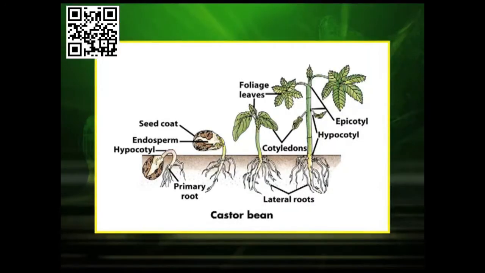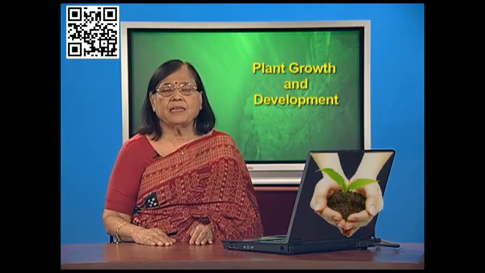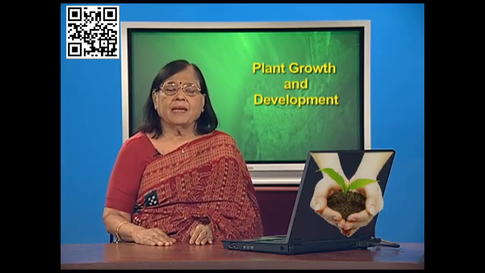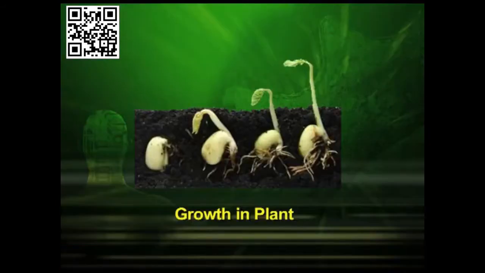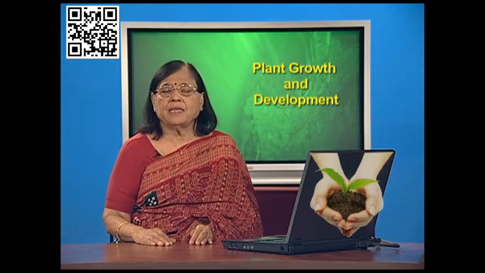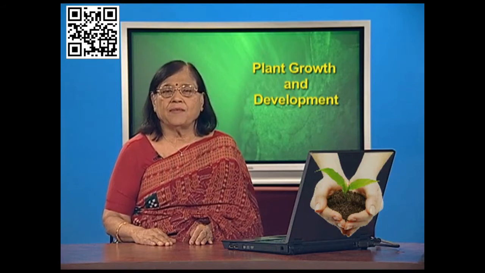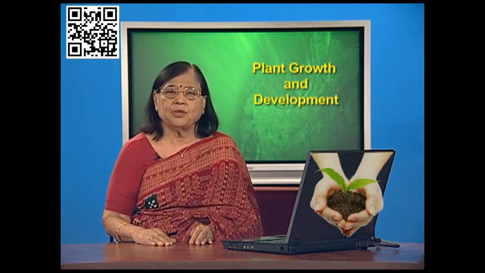Growth anyway will mean increase in size, increase in height, increase in weight. In case of plants, the fresh weight, the dry weight, increase in girth. All these are parameters of growth. Now, how is growth taking place? As a science student, as a biology student, you have heard about meristematic tissue.